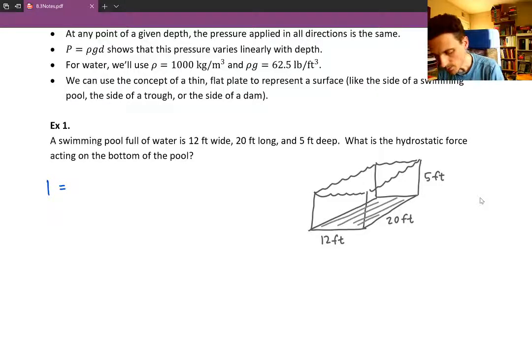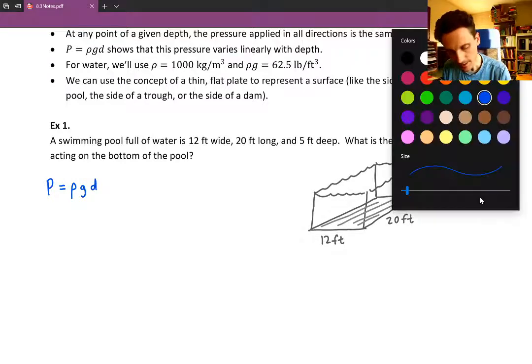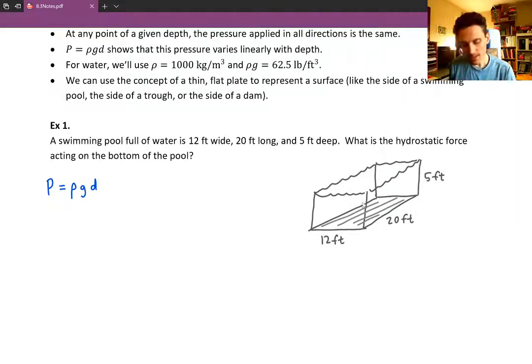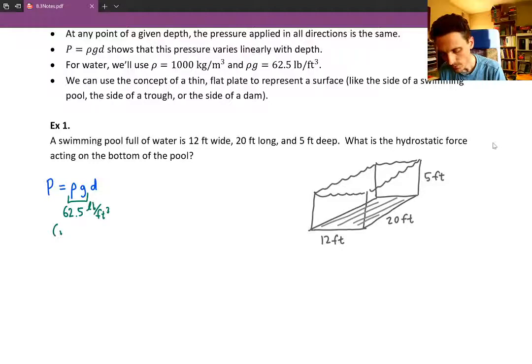We're going to break it down by first finding the pressure that's felt by the bottom of the pool, and that's given by rho g d. In this case, our units are in feet, which are British units, so we're going to write that rho g is 62.5 pounds per cubic foot. In other words, we're using a weight density here.